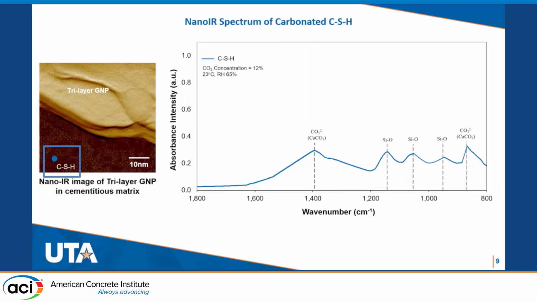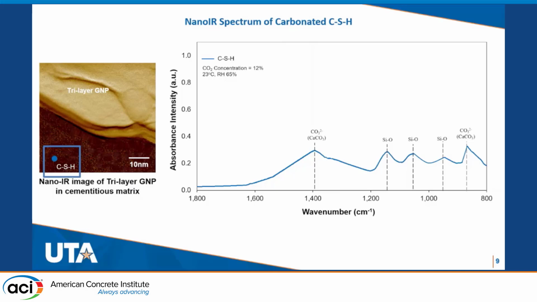So I'm showing you the nano-IR spectra of the CSH. In this spectra, there are two typical peaks that we find in general, and I'm talking about carbonated specimens all the time. So the peaks at 1370 and 870 show the presence of the carbonates right here.